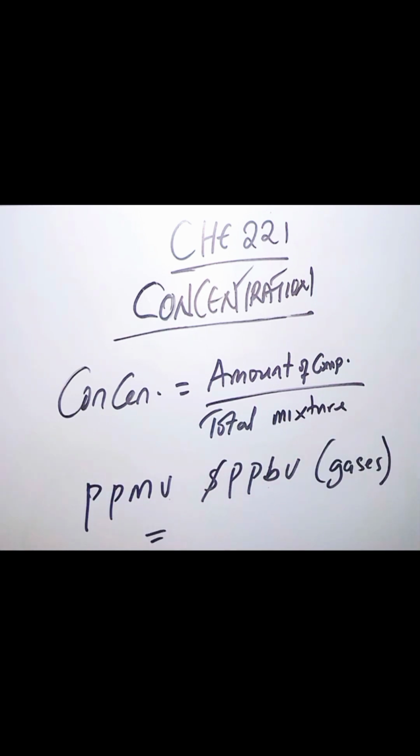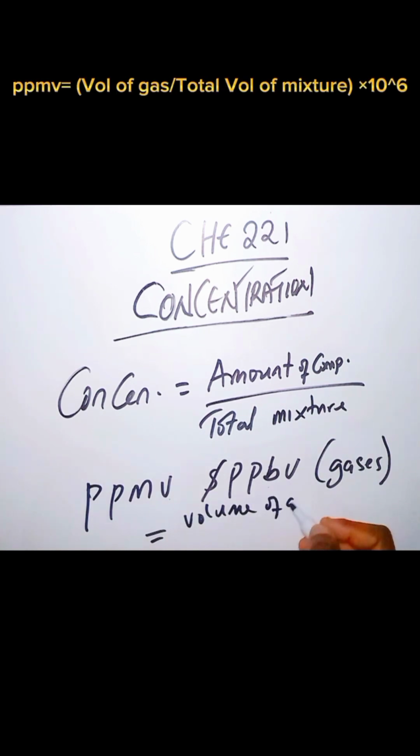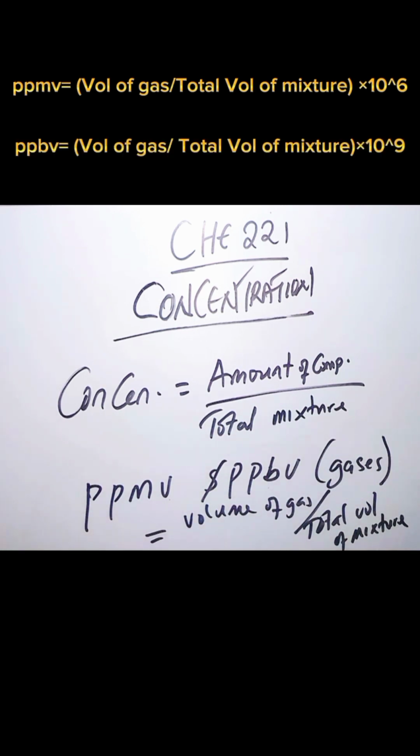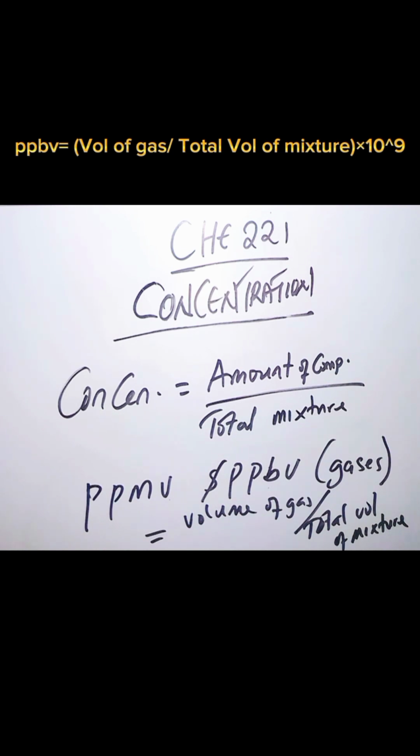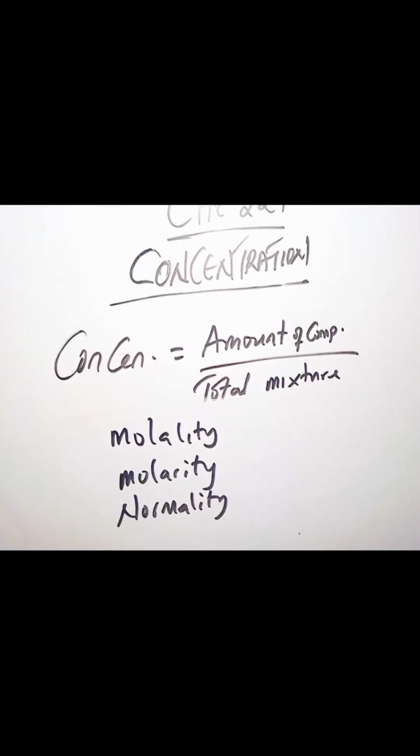And the formula for parts per million volume is the volume of a gas divided by the total volume of the mixture. So these are mostly used for gases. This is another way of expressing concentration in parts per million volume.